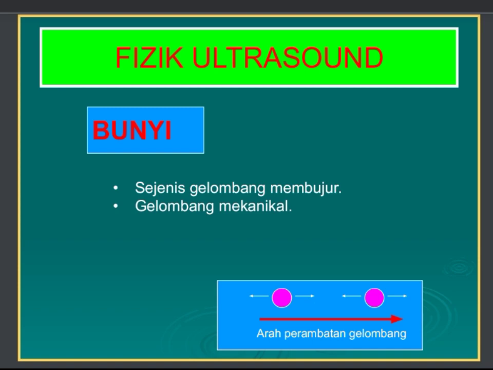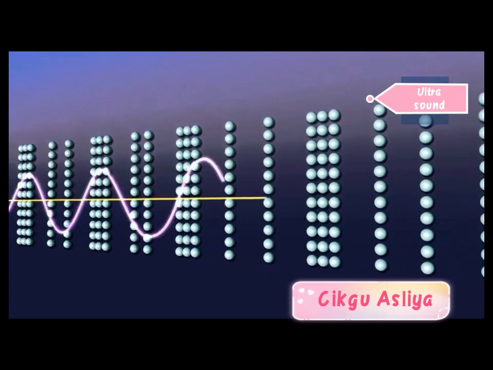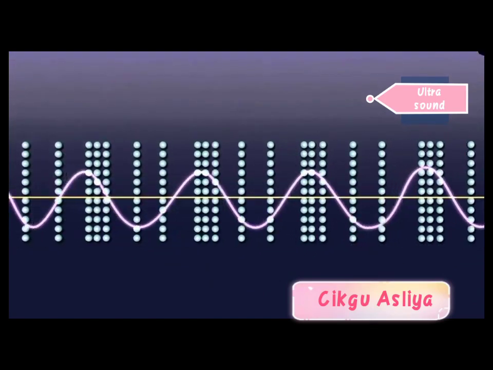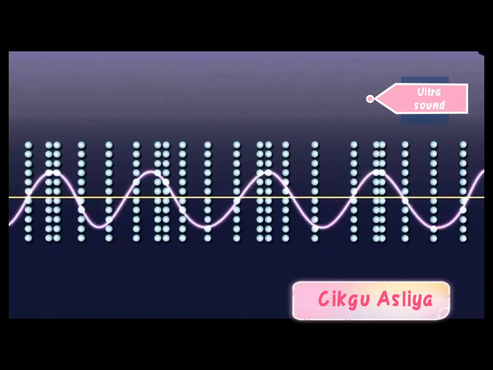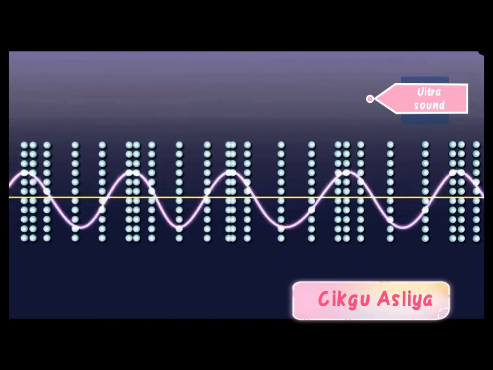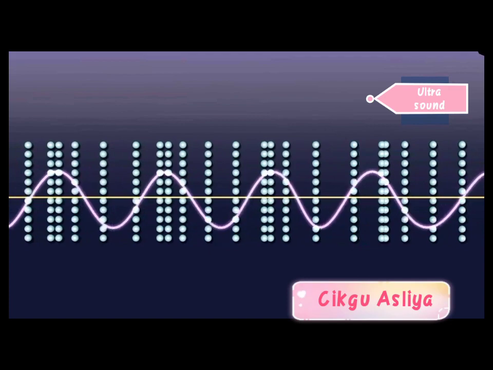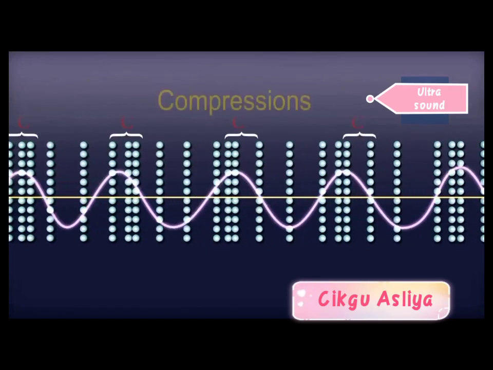Okey, kita saksikan. Thus, sound propagates through air in the region of high pressure and low pressure. The region of high pressure is experienced in places where the particles of the medium are very close to each other, is known as compressions.